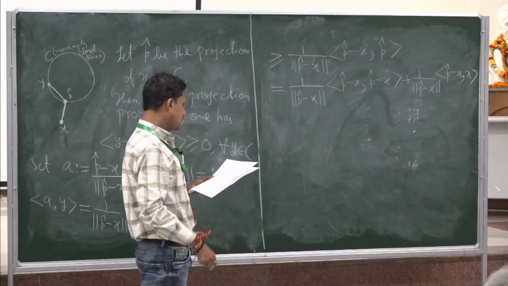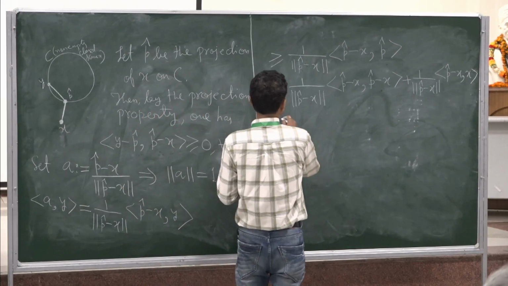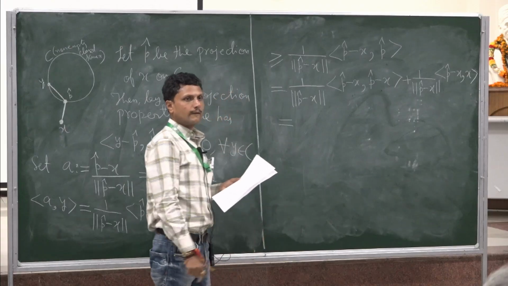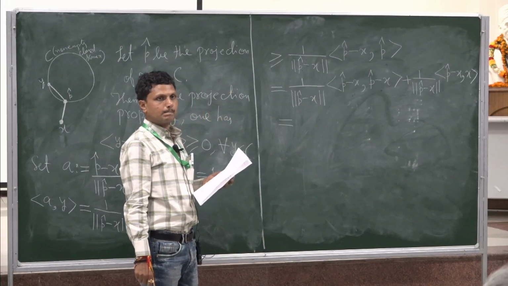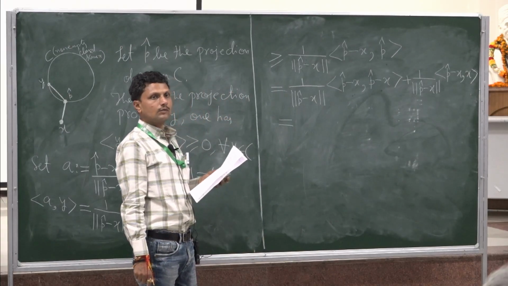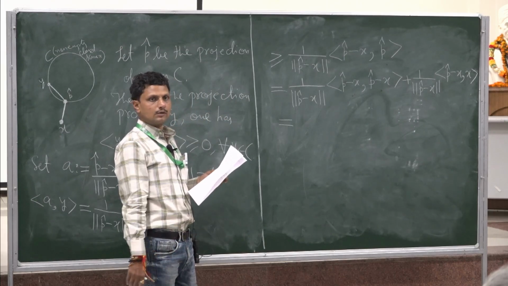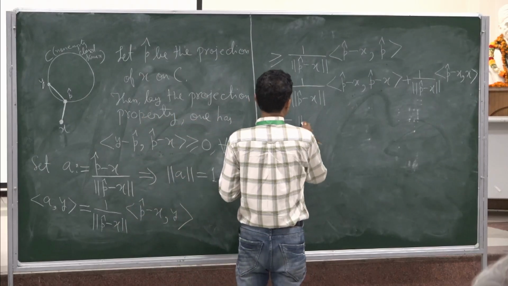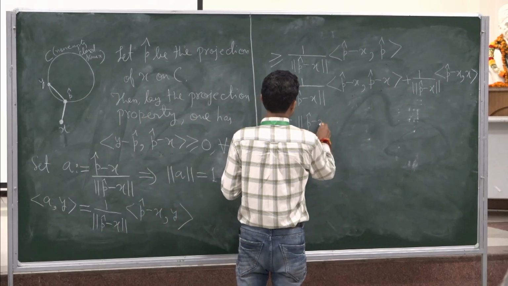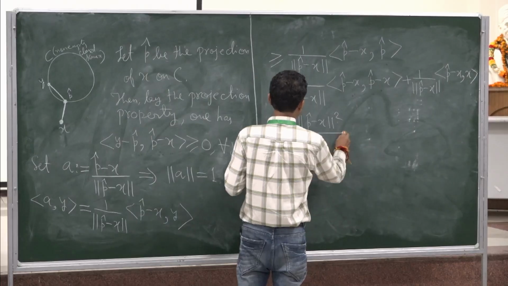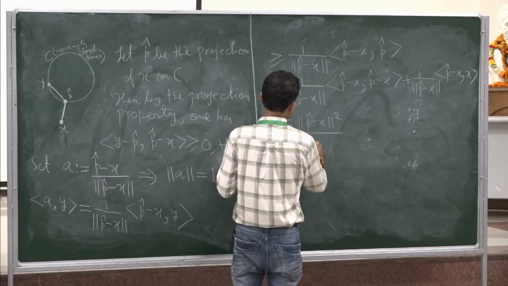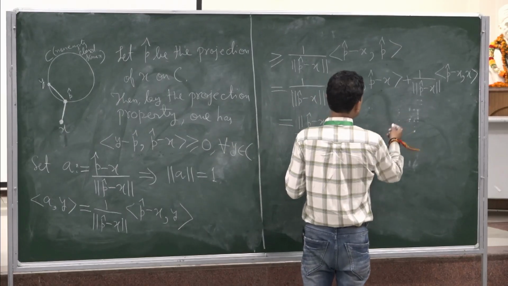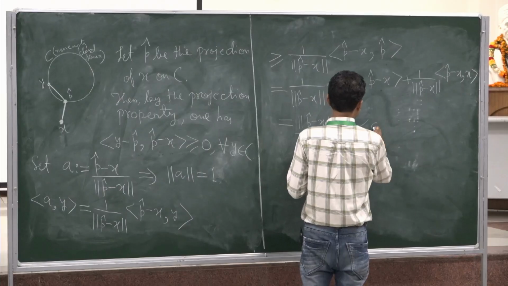By using that inequality. So what is this? The inner product of the same vectors will induce the norm. So we have the norm of p hat minus x whole square over the norm of p hat minus x, right? And this is nothing else but a x.